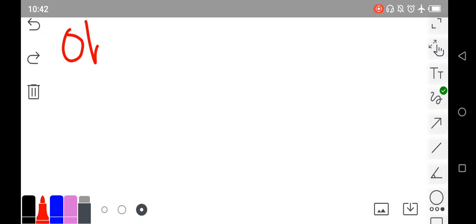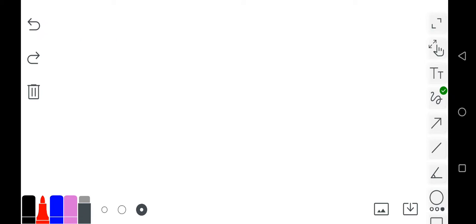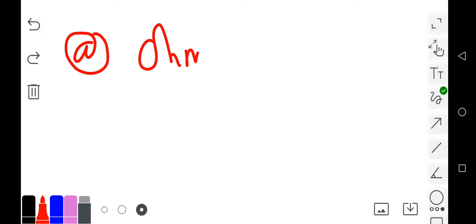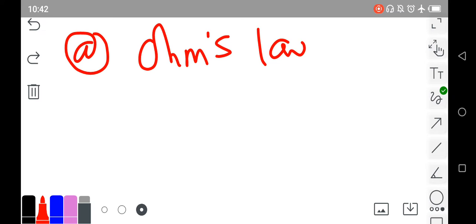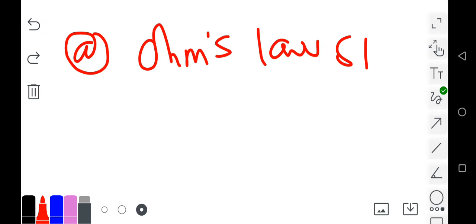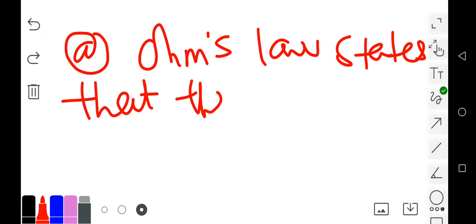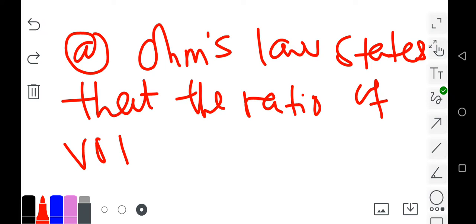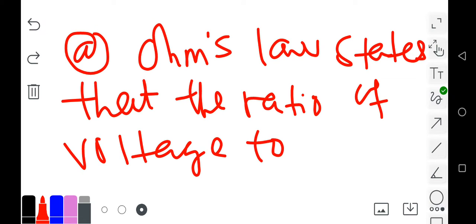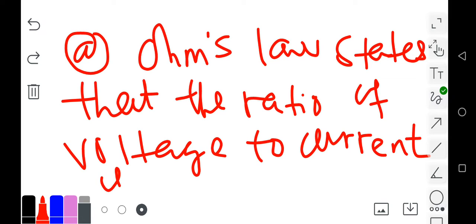So Ohm's law states that the ratio of voltage to current is a constant.